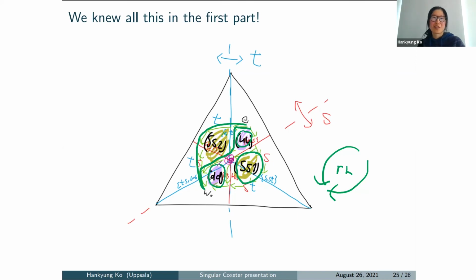And if you patch them together, we get the relation. That means they generate the relation that comes from the regular relation.